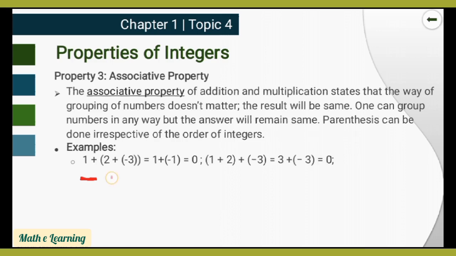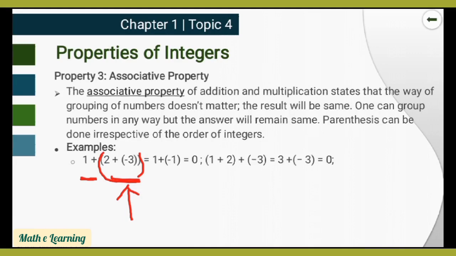One plus 2 plus minus 3. Now this addition is written into the brackets. That means grouping of these two numbers has been done here.